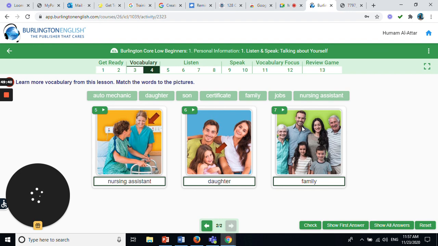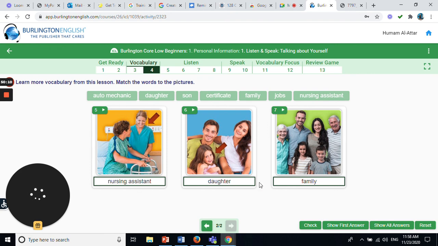Grandfather, grandmother. Maybe this is their son, or maybe this is their daughter. I don't know. Okay. A husband and wife. Husband and wife. Children. Son and daughter. And to these people, we call these grandchildren.